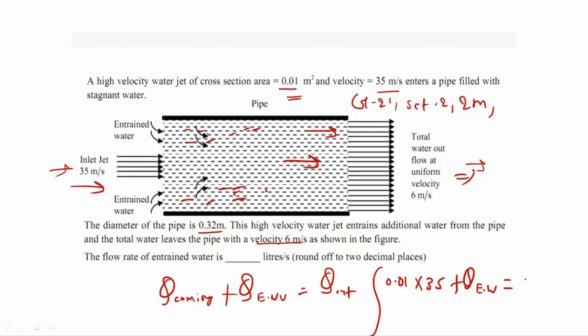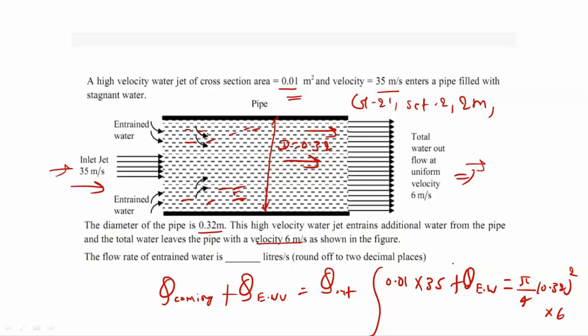So you know this is the area. What is the diameter given? What is this diameter, my dear friends? This diameter is given, 0.32. So you know pi by 4 d square, 0.32 square into velocity. What is the velocity? It exits with the velocity of 6 meter per second. So yes, we can write 6.